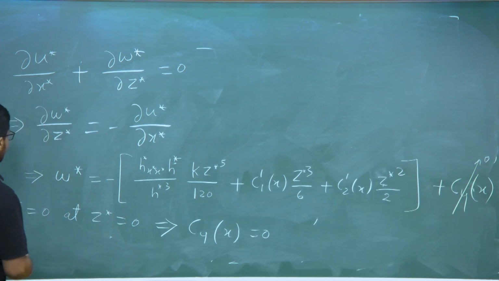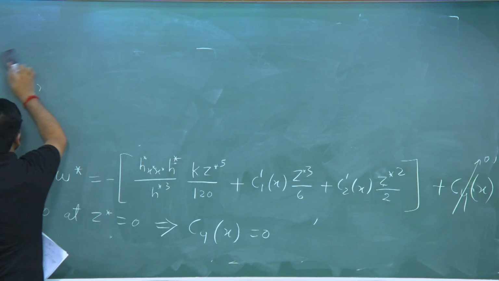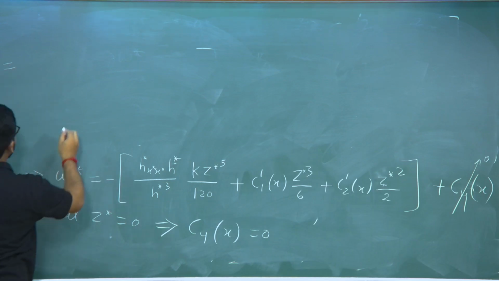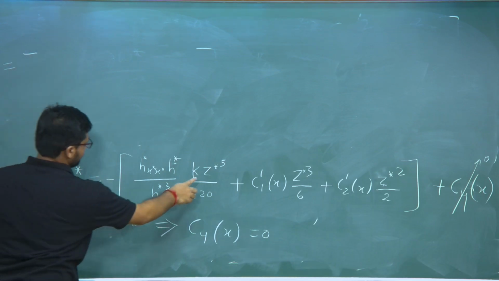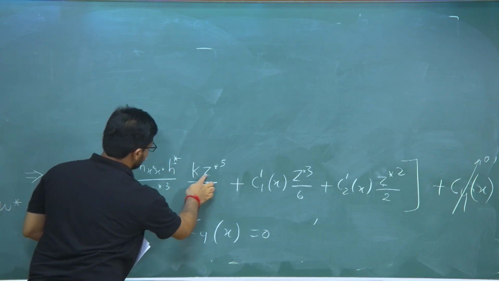Now, we will use another boundary condition, which is no penetration at corneal surface, and with that you will get 0 equal to minus. Here we will do nothing but put z star equal to h.